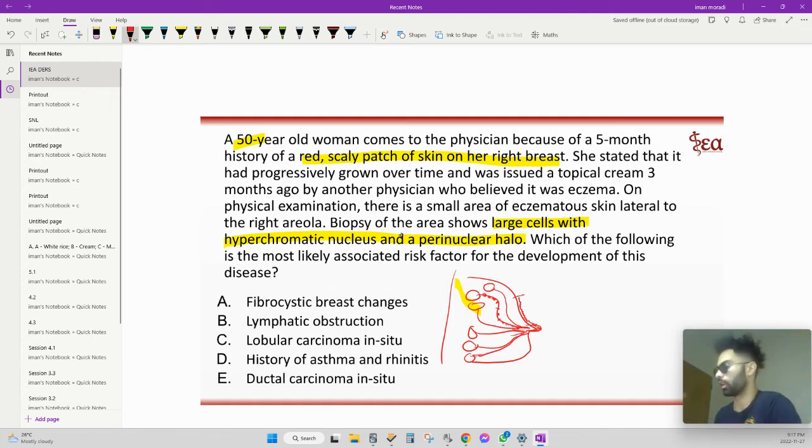Now in the vulva, the same type of thing can happen, but the difference is in the vulva we don't have a population of pre-malignant or malignant cells, or we don't have cancer in the vulva that's presenting as this.